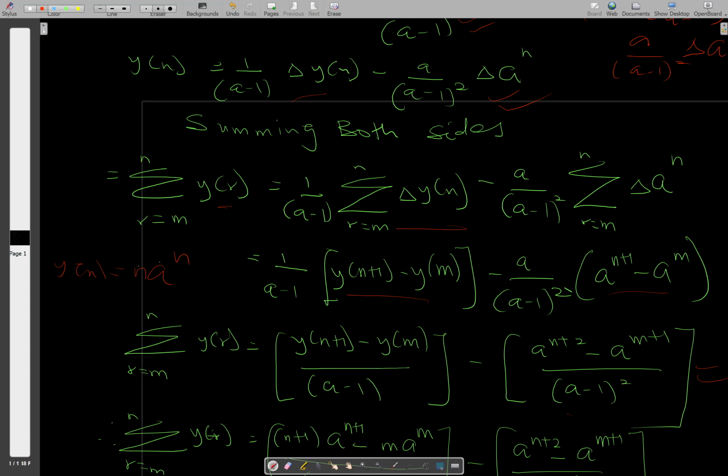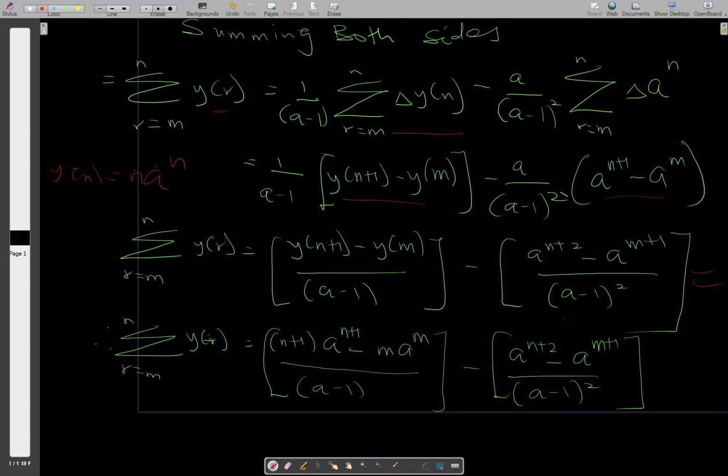Therefore our y of n plus 1, you just replace n by n plus 1. So our y of n plus 1 will be n plus 1 times a to the power n plus 1. That's what we have here. Then our y of m, you just replace n by m. That will be m a to the power m. And that's what we have here, divided by the denominator. Then we maintain the last side.